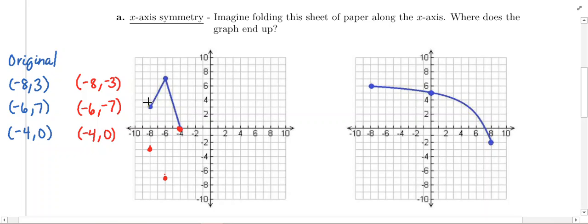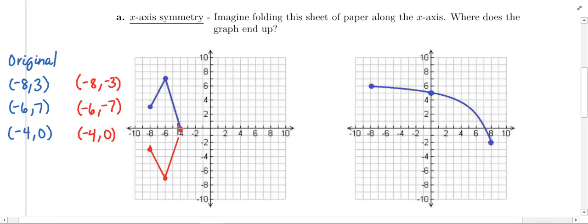So now what we're going to do is go to each pair of points and connect with a line. Like these 2 points were connected with a line, so these 2 points are going to be connected with a line. So it's going to look like this for this particular line segment. And then these 2 points right here were connected with a line segment, so I need to do the same with these 2 points.